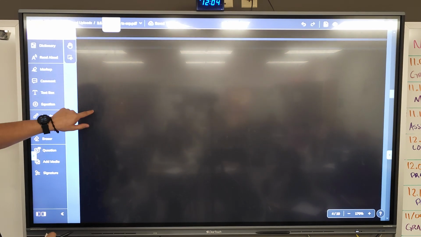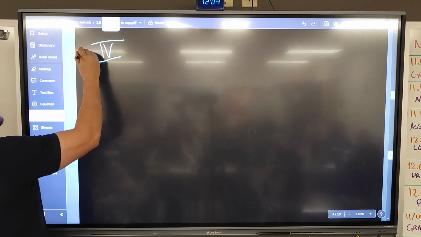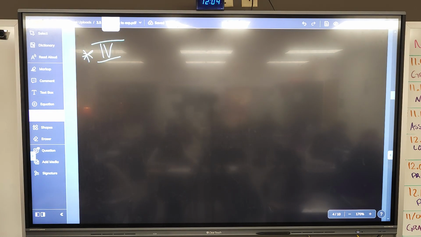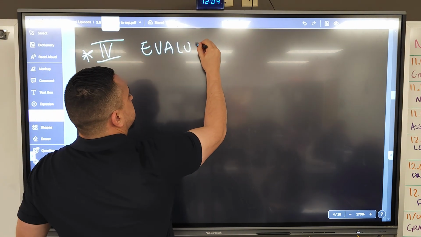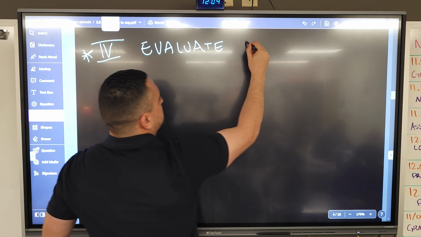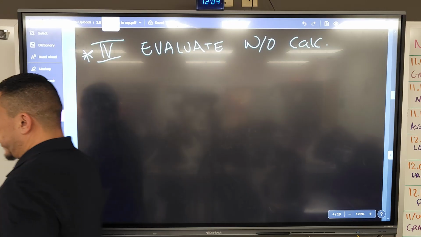Here's the most important part, part 4. I think this is where you see why, what's the point of doing this? Okay. Evaluate without a calculator. Okay, without a calculator.